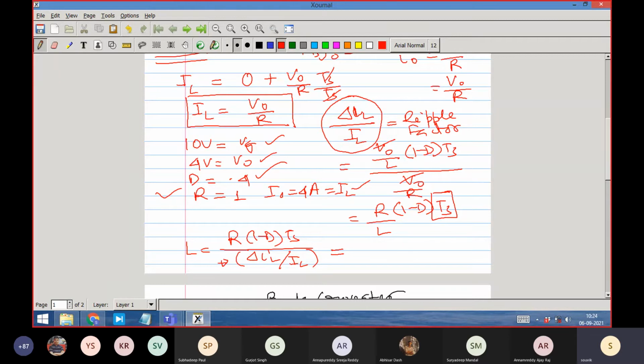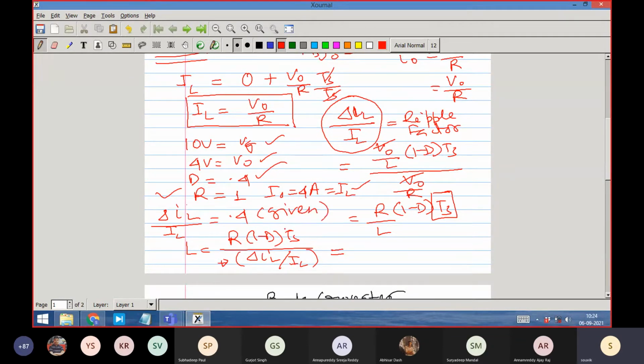What would be your tendency here? Can you tell me? I am saying that, specification wise, delta IL by IL is equal to 0.4 given.